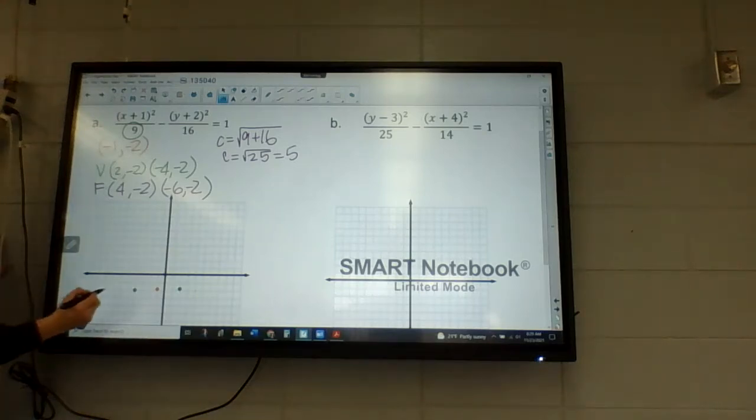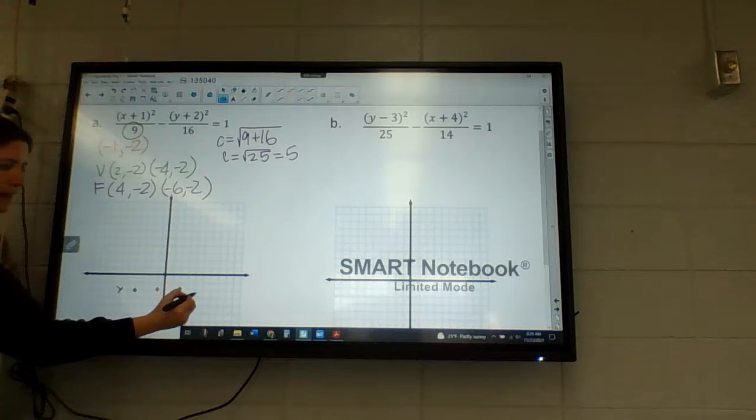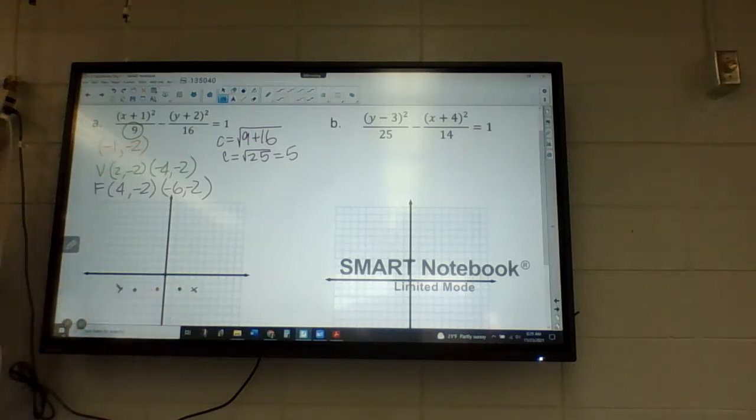And if it's helpful to make the foci maybe a little X instead of a coordinate point, if that helps you to visualize it better so you're not confused about what you're drawing on your graph, that's fine.